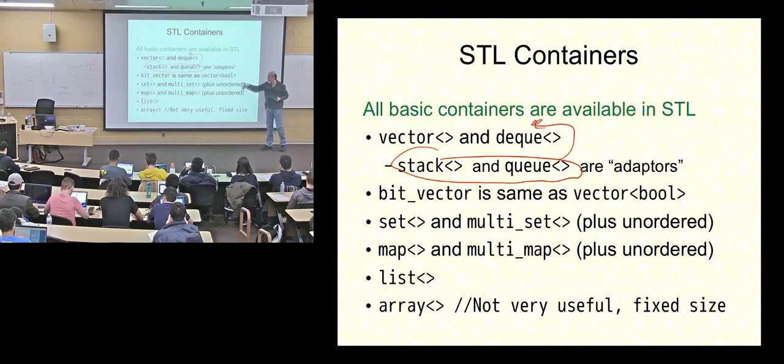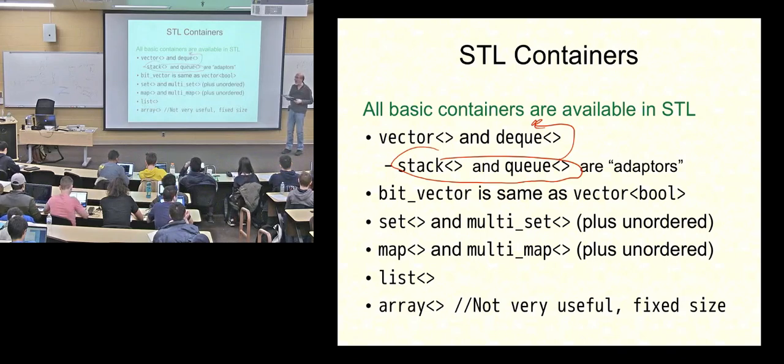Map and multimap also use balanced binary trees. A map allows you to create a mapping of two data types from one to the other. So if I create a map of string comma int, I can say months square bracket the string January and it returns the value 31.